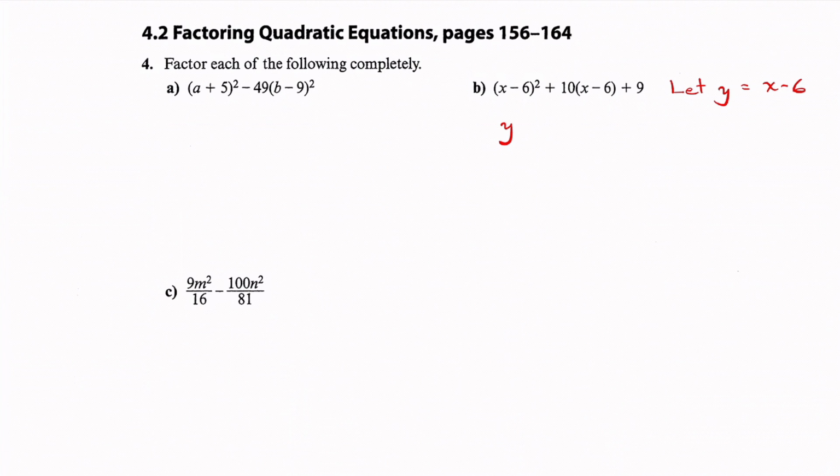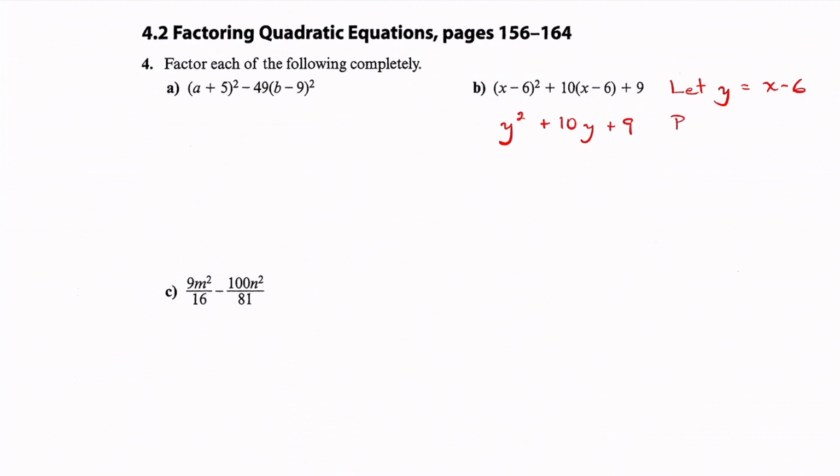So instead now I have y squared instead of x minus 6 squared, plus 10 times the x minus 6, it changes into a y, and then plus 9. So this is a lot simpler. This I can factor a lot easier. I just got to remember to substitute back in at the very end.